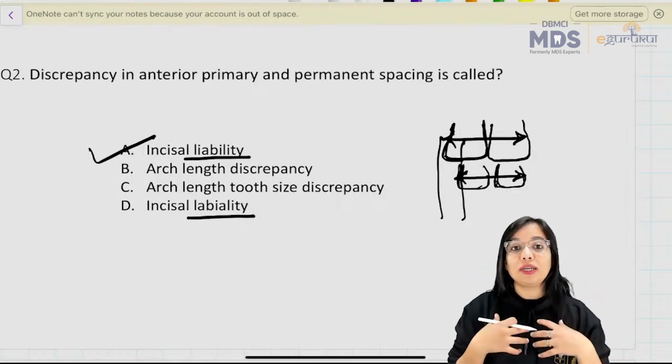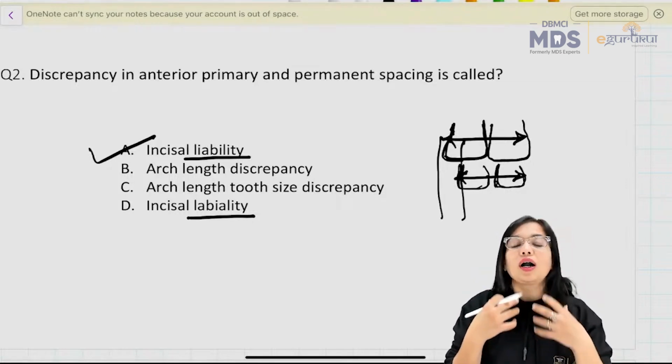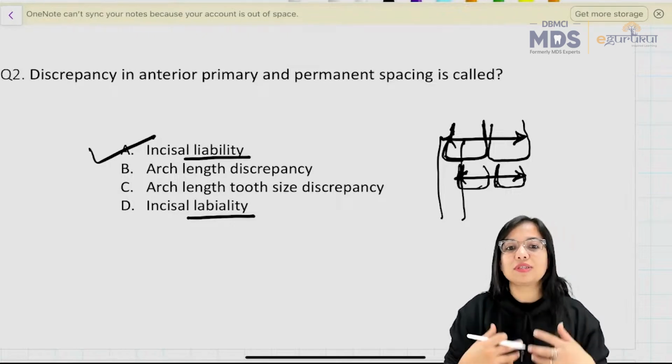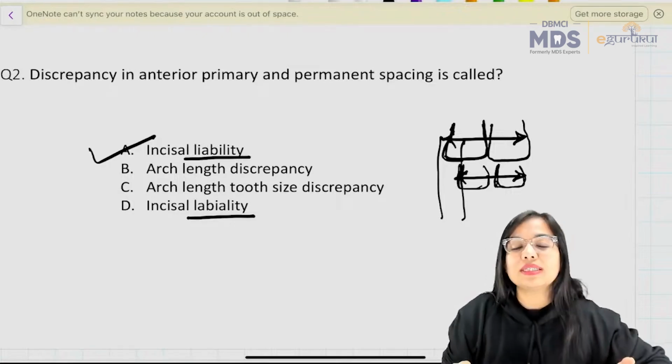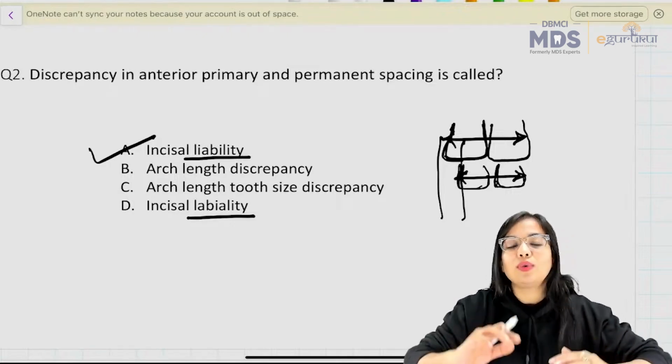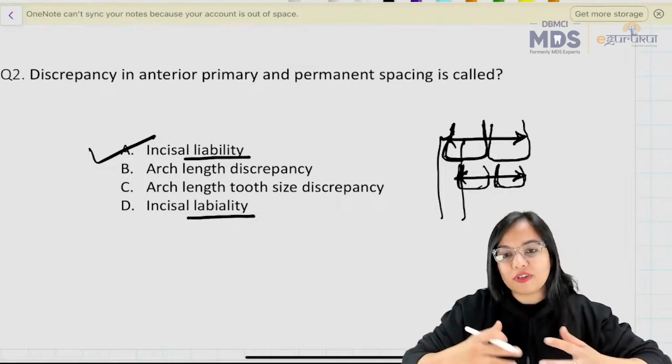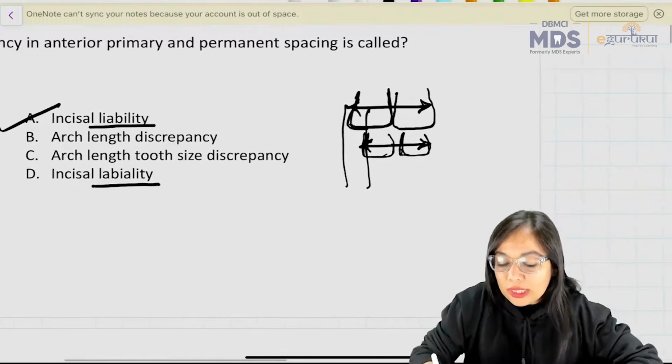Now it becomes a liability. How are we going to accommodate such huge incisor teeth in such a little space? So that becomes a liability. So how is this liability gotten over? How do the arch width and the arch length cope with this liability, or how is this accommodated?